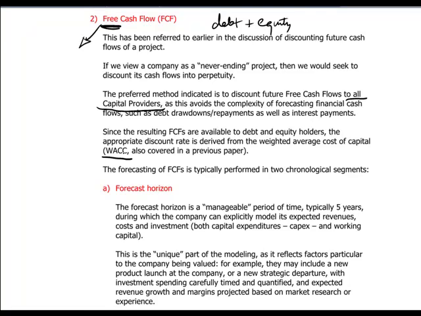Now, practically speaking, when doing the cash flow analysis, we break up the cash flows in the future into what is called the forecast horizon. This would be specifically modeled cash flows.